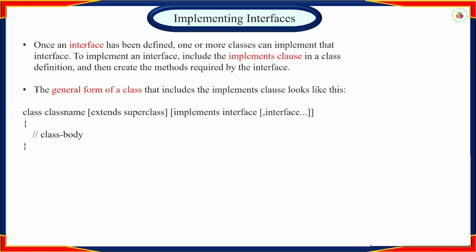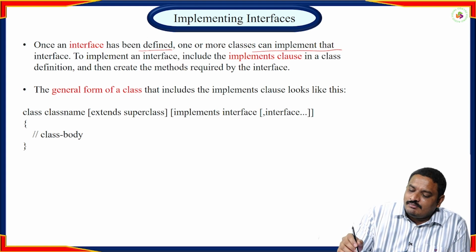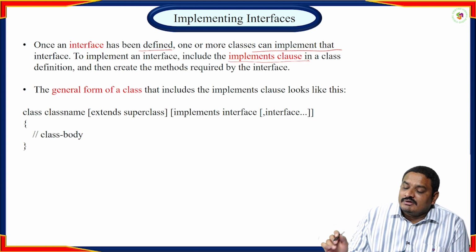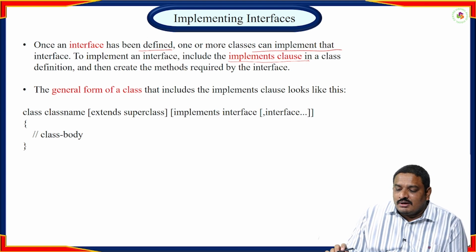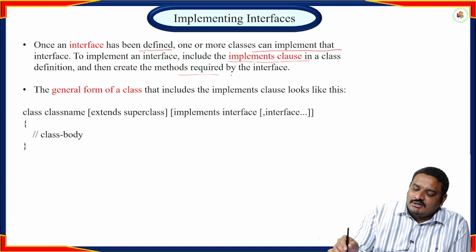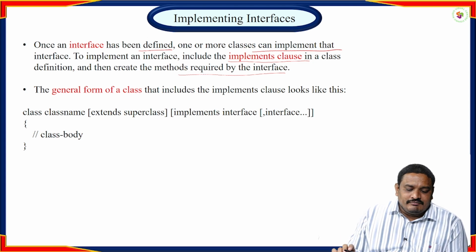How to implement interfaces? Once an interface has been defined, one or more classes can implement it. To implement an interface, include the implements clause in the class definition and create the methods required by the interface.